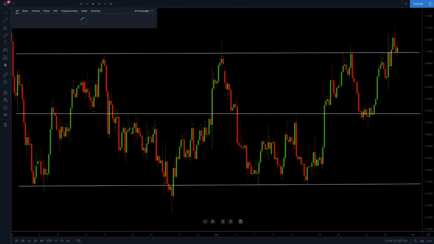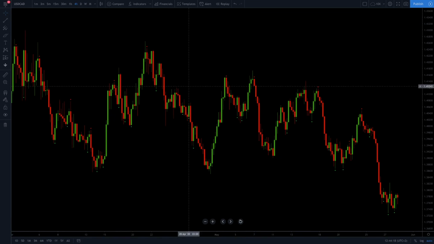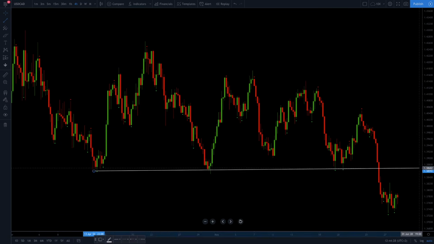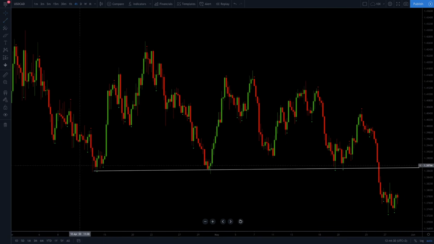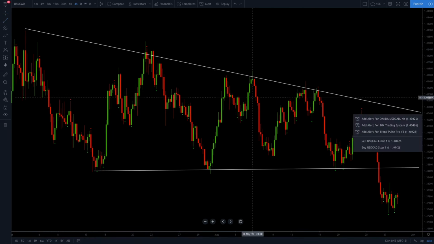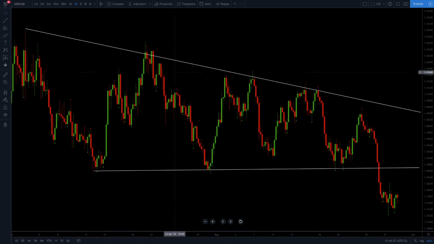If we look at USDCAD, if we analyze the levels here, we have support down here. So we want to focus on buy signals close to these levels here. If we analyze resistance, we can see that this resistance here is sloping down. So we have a trend line here sloping down.